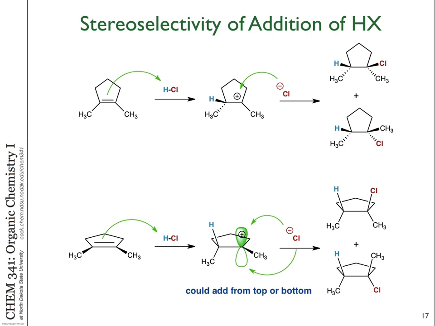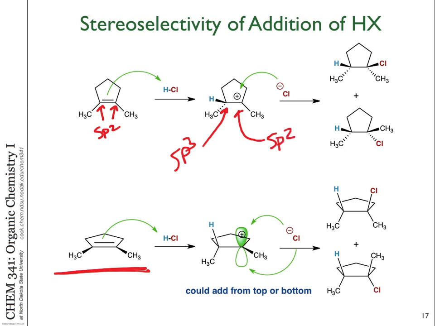Notice that in the starting material, both of these alkene carbons are sp2 hybridized. They're flat. That's what I've tried to indicate down here in this sort of side view of the molecule. If you protonate that double bond, now this carbon on the left becomes sp3 hybridized, but the carbon on the right, the carbocation, is still sp2 hybridized.